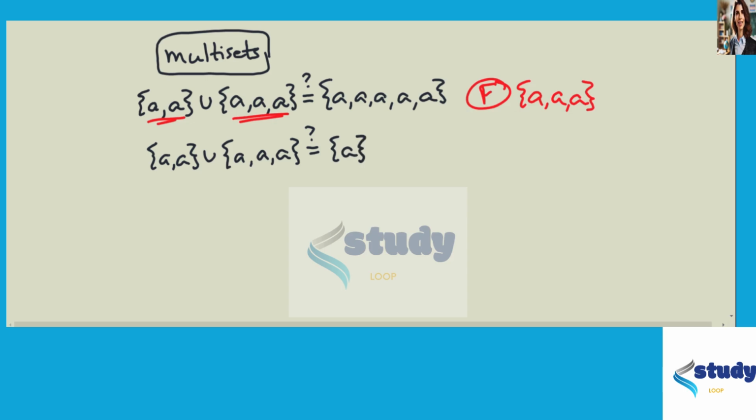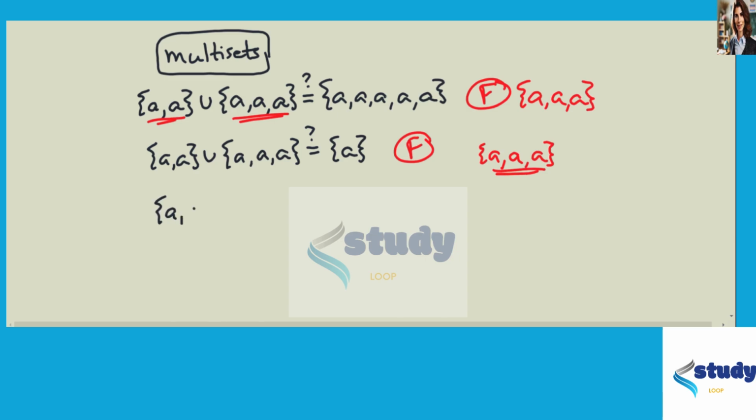Well, we just said that when we take the union of 2 multisets, we're looking at how many are in the most that we have in any one set, and that is what is in our union. So we should have 3 A's in our union. So the correct answer is the same in both of these, and both answers as given are false because neither one matches this set with 3 A's in it.